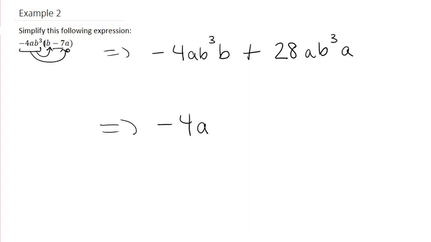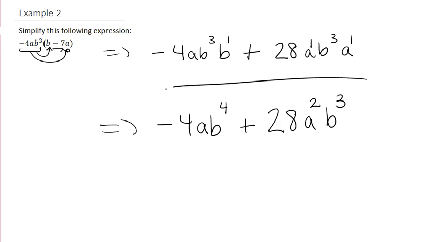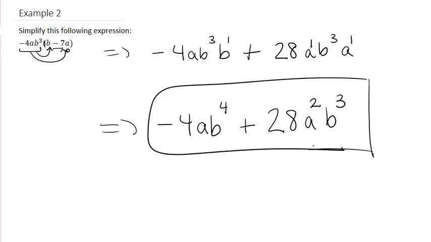Now this b to the third, and this is b to the 1. So this is really b to the fourth power. Then we have plus 28. Now we have an a to the 1 here and an a to the 1 here. So this is a squared. And then we just have b to the third. And this is our solution to this problem.